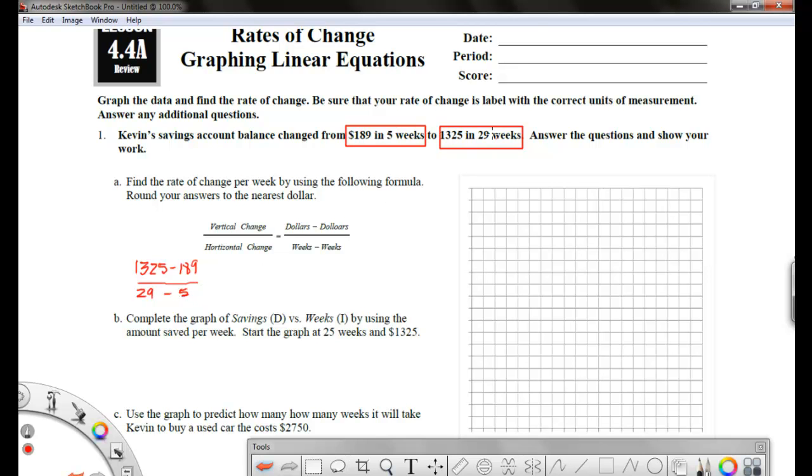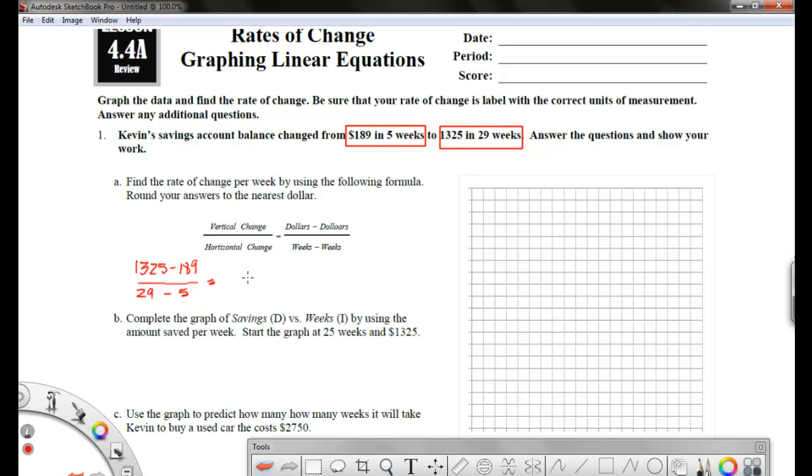Now you can see that these two ordered pairs are written together going vertically. So make sure that you don't get these mixed up where you have the 5 underneath the 1325 and the 29 under the 189. Make sure you keep these ordered pairs together going vertically in this formula.